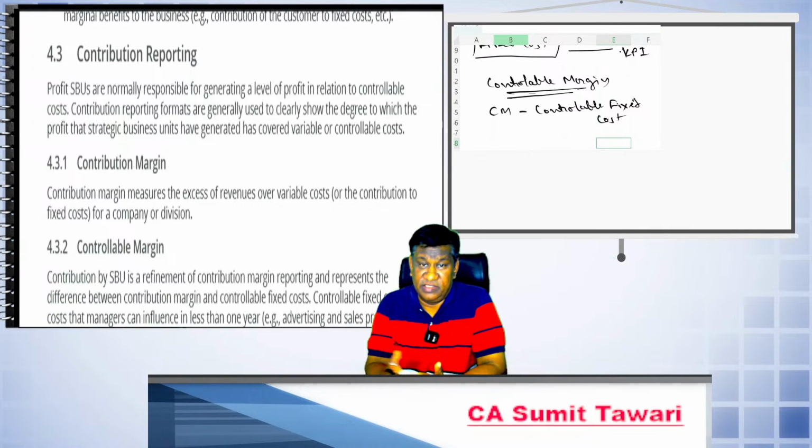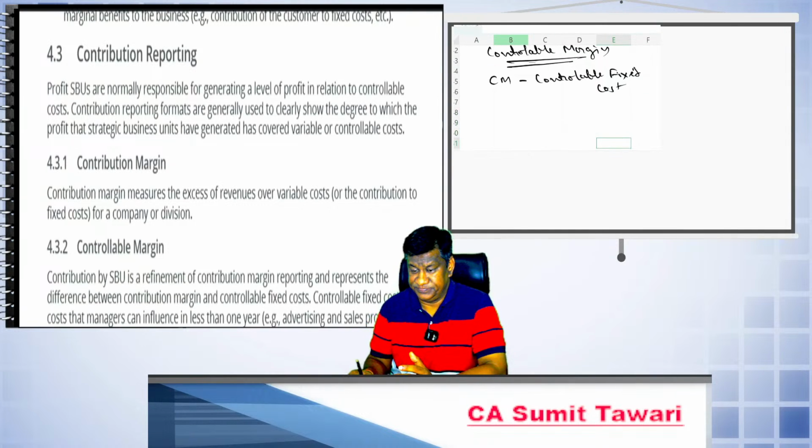Here they gave an example of advertising and sales promotion. So these are basically the controllable fixed costs which we can avoid. Now I tell you something.